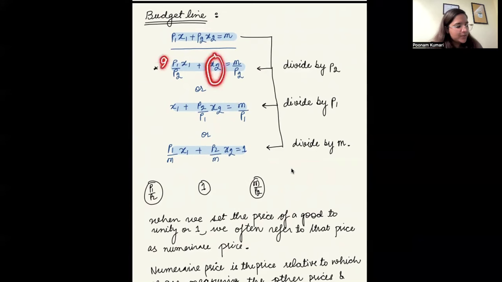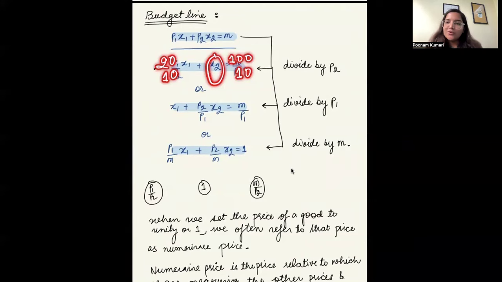So my P1 was 20 rupees, na? Notebook was 20. My pen was 10 rupees, right? My income was 100 rupees. Are you understanding the logic now?